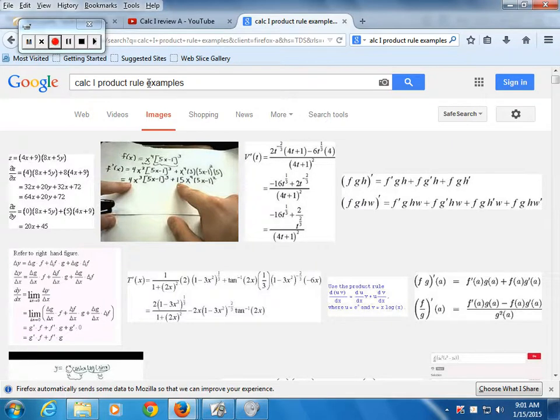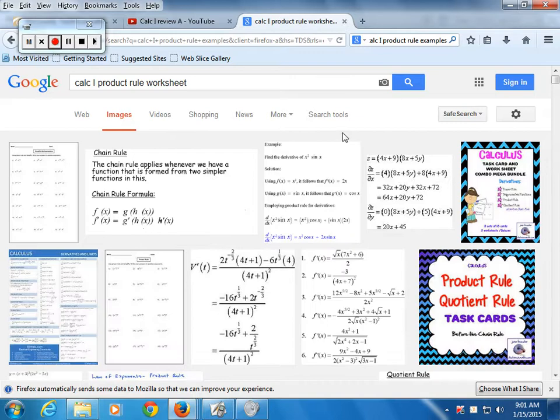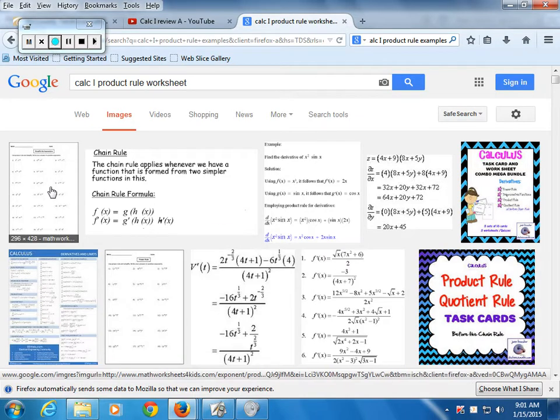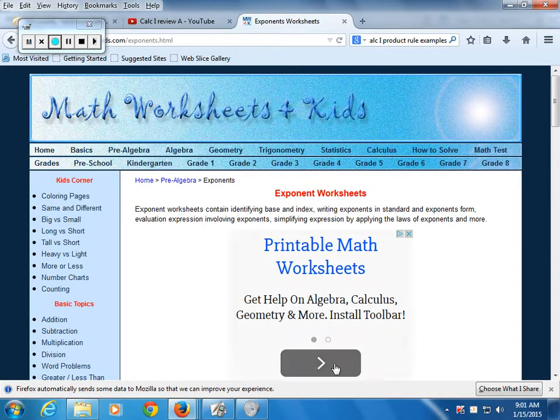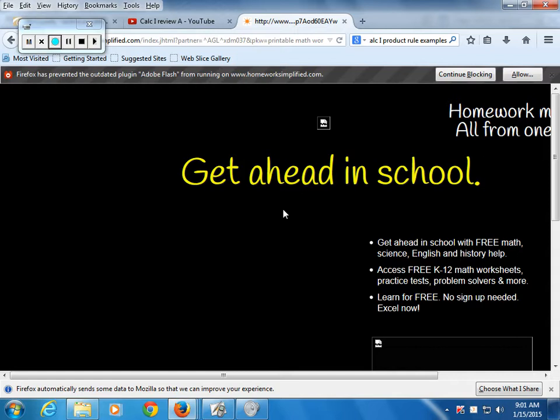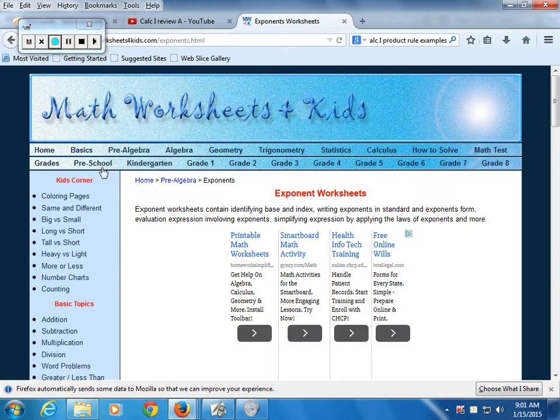Calc 1 product rule worksheet. See, that's why you can't just make up stuff, because then you get in trouble. Okay, math worksheets. I hate when you go to these places. Let's see, calculus.